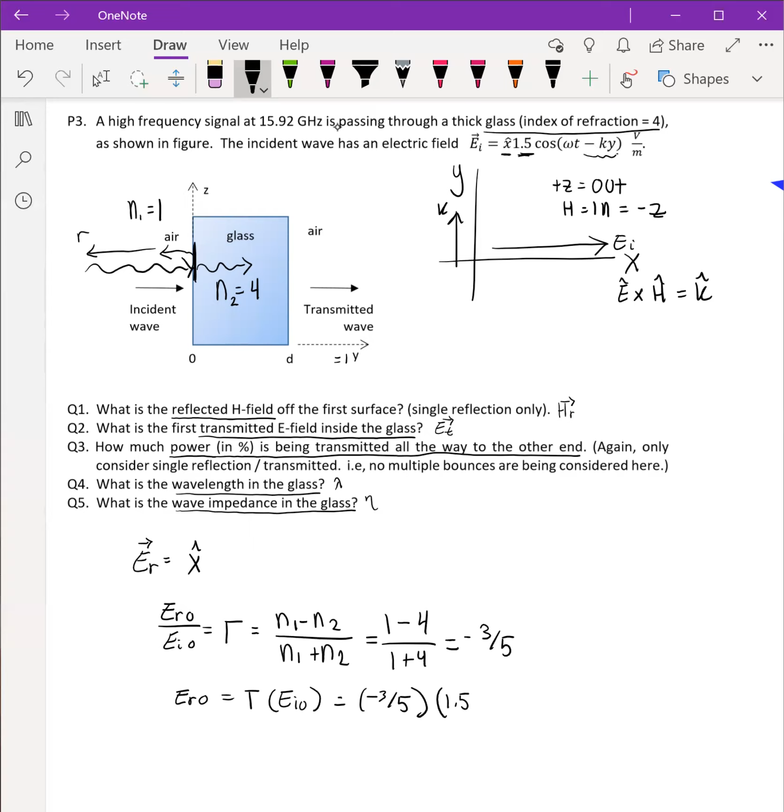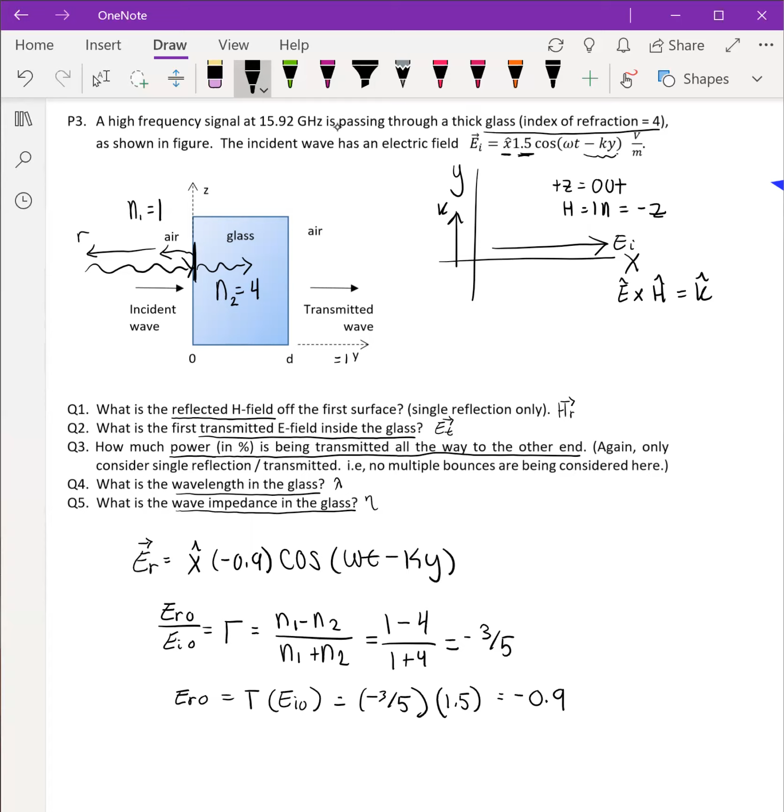So multiply by 1.5, and that gives us a reflected E field magnitude of negative 0.9. We're assuming that these E fields are in phase, so we're going to bring down the cosine, and then similar to E sub I, omega t minus ky.